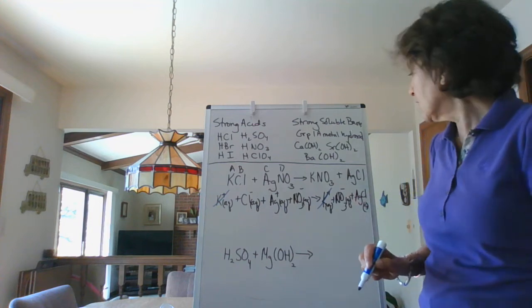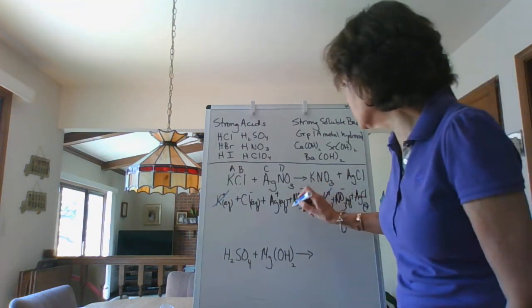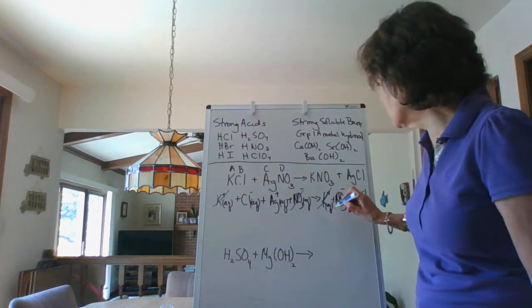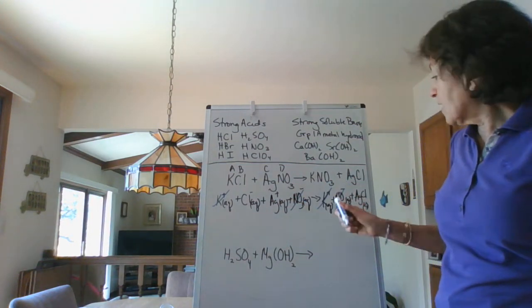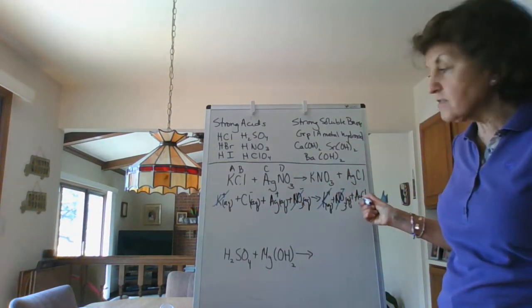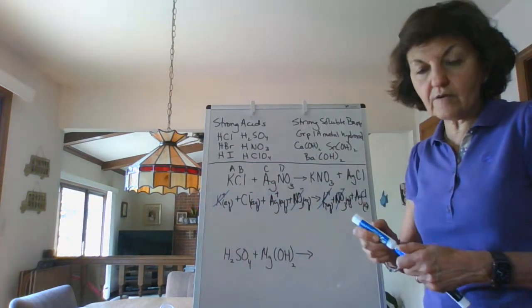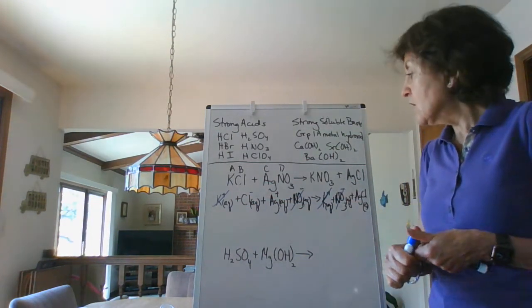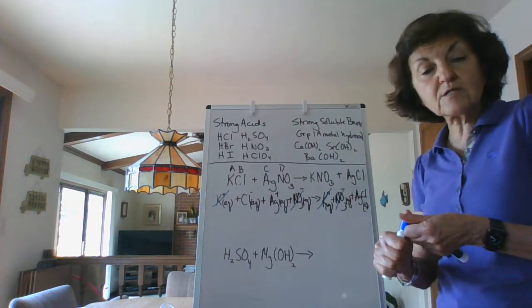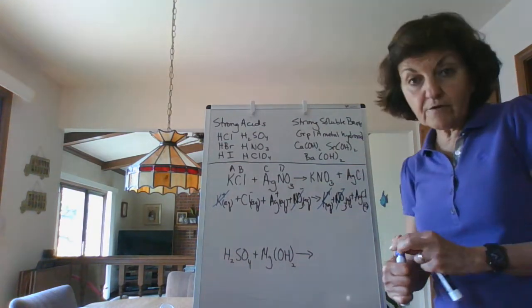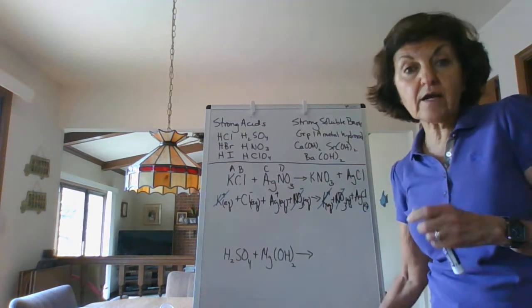Identical, all right? This nitrate here will cancel out with this nitrate here. Now, the silver chloride is intact, so it can't cancel out with these silver ions and chloride ions. So once you've canceled out the spectator ions, whatever is left is your net ionic equation.